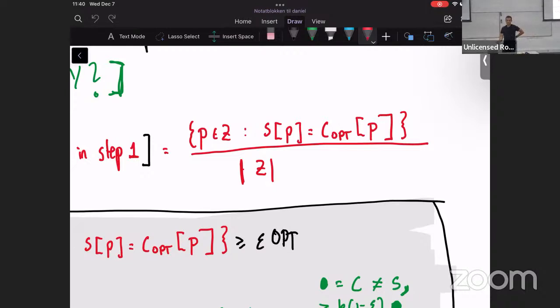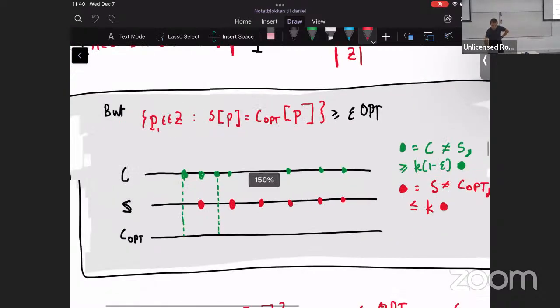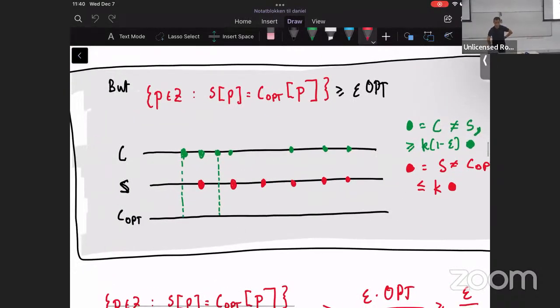In order to analyze those two, we need to just look at the three strings, C, S, and C opt, put them next to each other, and compare where they differ and where they're equal.